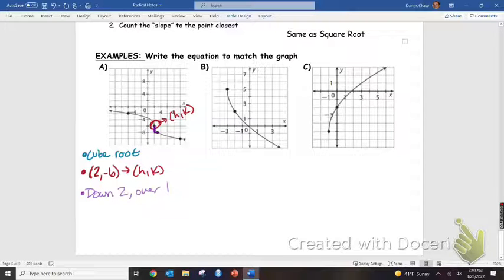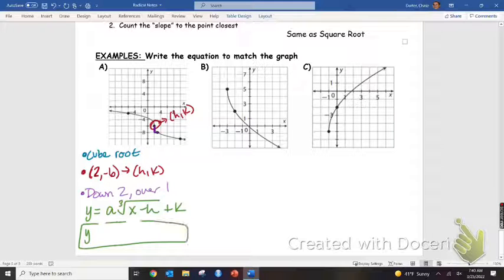So then my actual equation I know is this. The a value is the slope. Well, I said it went down 2 and over 1. So if I go down 2 over 1, that makes it -2.